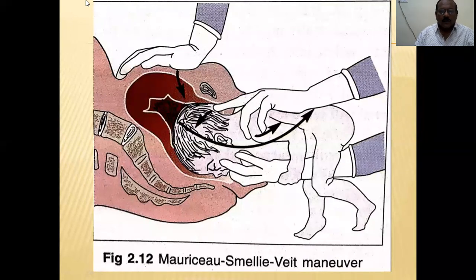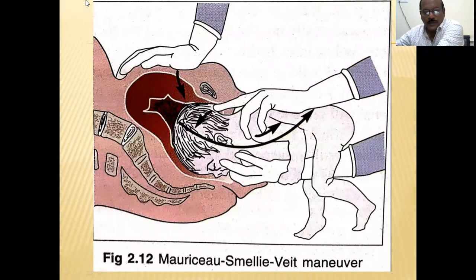Then, when the shoulders are extended and when they are in the nuchal position, that means both the hands are behind the occiput, like this, or when the hands are extended, then we have to apply what is called the Mauriceau-Smellie-Veit maneuver.